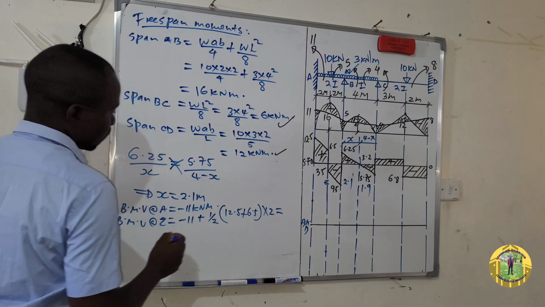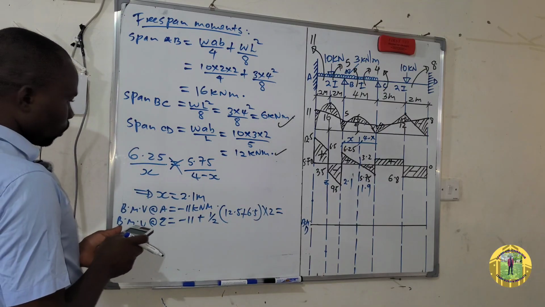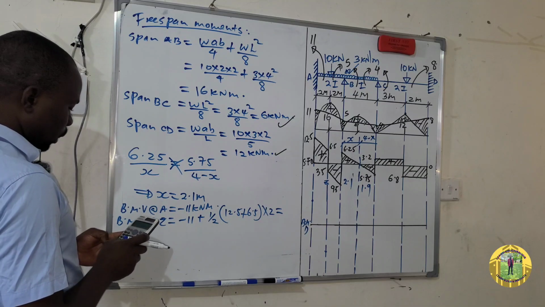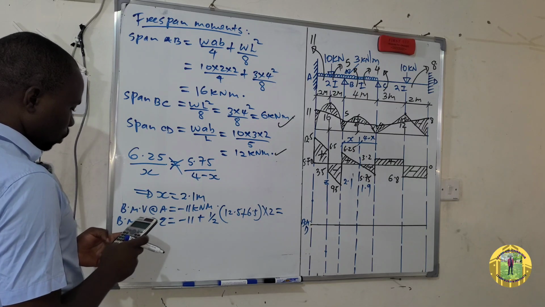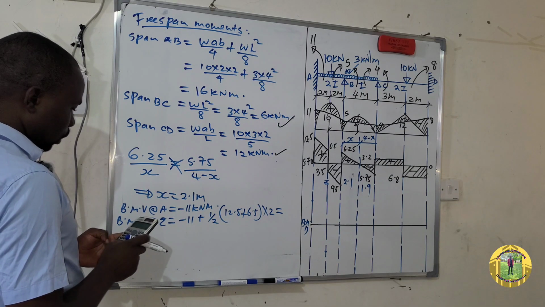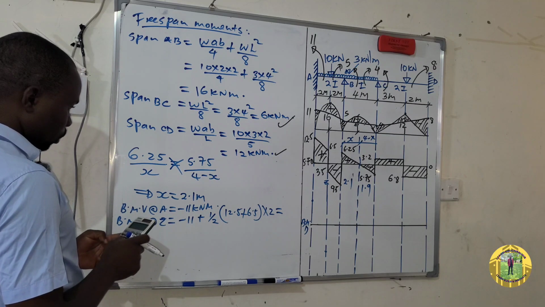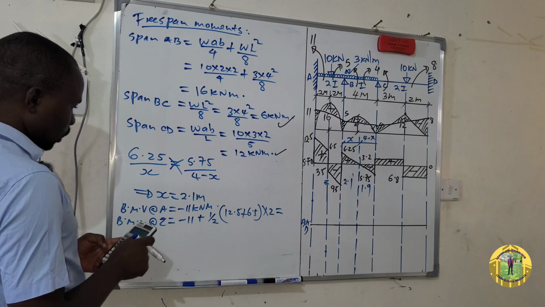So this will give us 12.5 plus 6.5, then times 2 times 0.5. So this is 19.